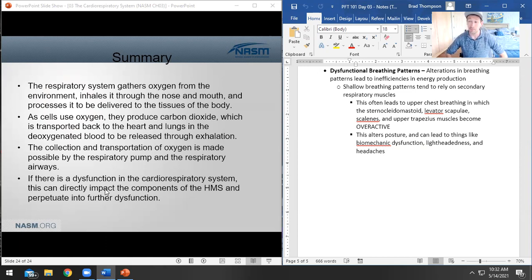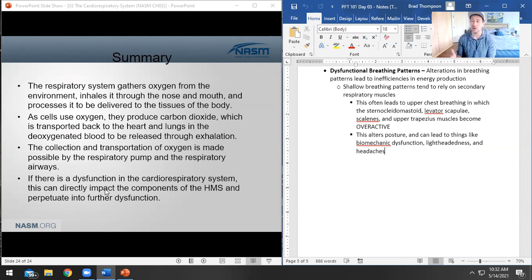Then we got to be able to get that byproduct out of the body, and that's what your heart and lungs are responsible for as well. And so that deoxygenated blood will travel back to the heart, where it'll get pushed back to the lungs, and then the lungs will trade CO2 for oxygen, and the process will repeat. The collection and transportation of that is made possible thanks to your respiratory pump and your respiratory passageways.